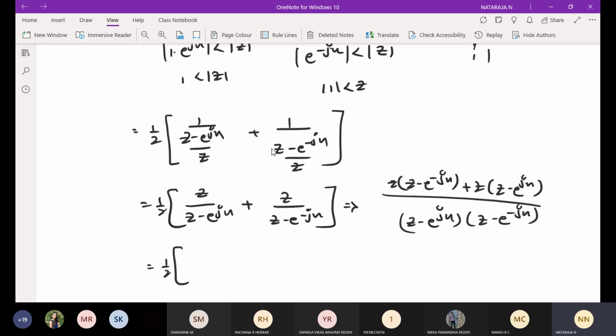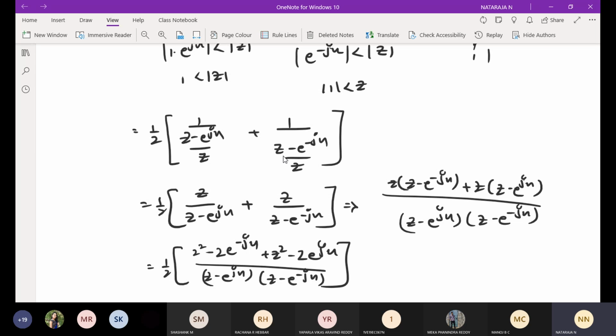Then if I multiply each and every term, what do you get? z square minus z e power minus j omega plus z square minus z e power j omega, divided by the same term z minus e power j omega into z minus e power minus j omega.